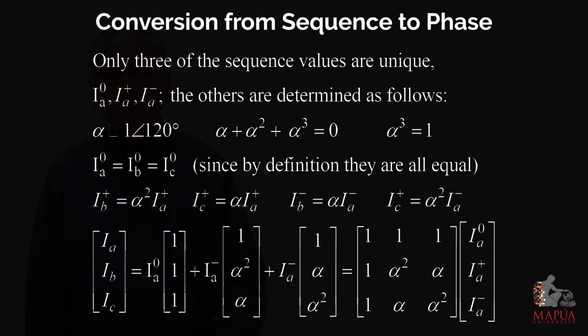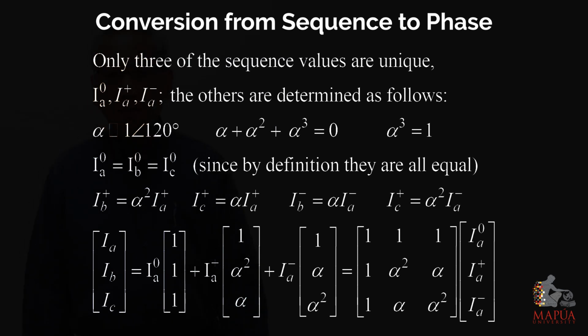So all these representations of the parameters can be written in matrix form. You have IA, IB, IC on the left side of the matrix equal to a 3 by 3 matrix multiplied by the 3 by 1 matrix.